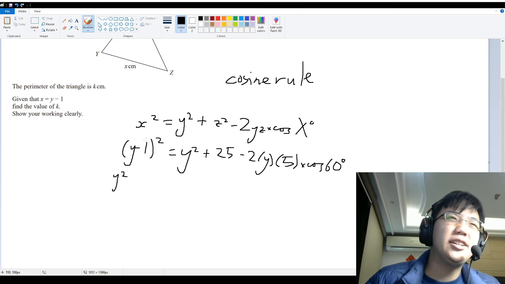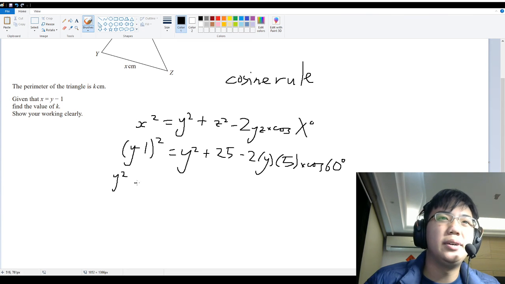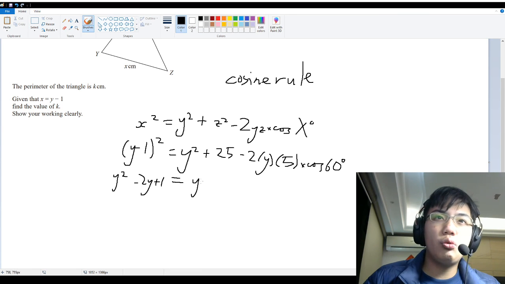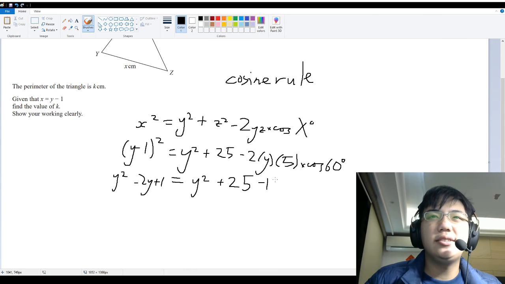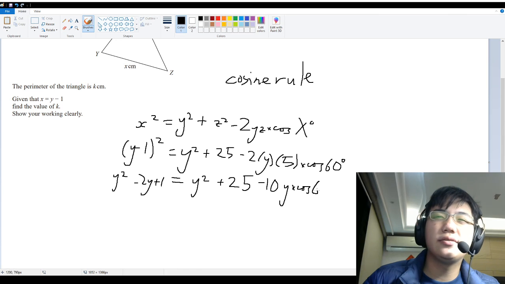So y minus 1 squared can be written as y squared minus 2y plus 1, which equals y squared plus 25 minus 10y times cosine 60.